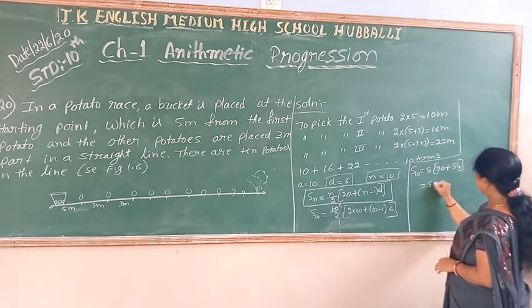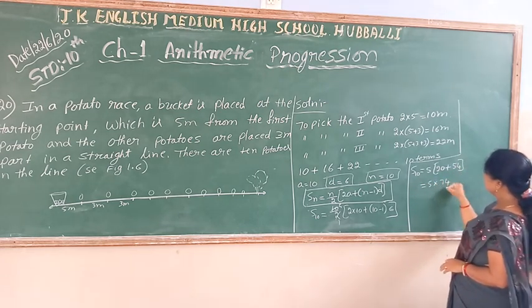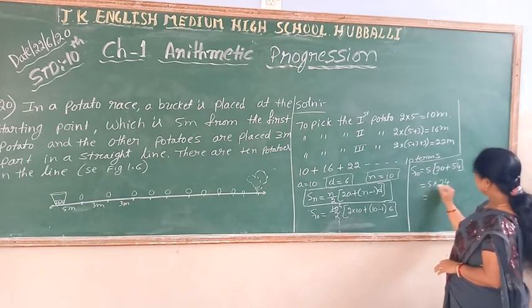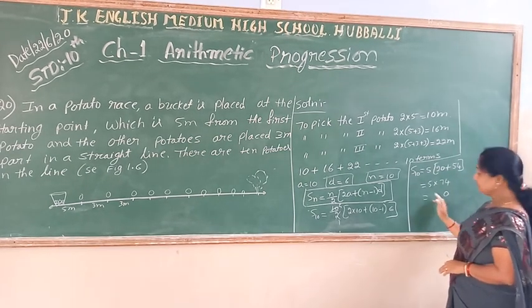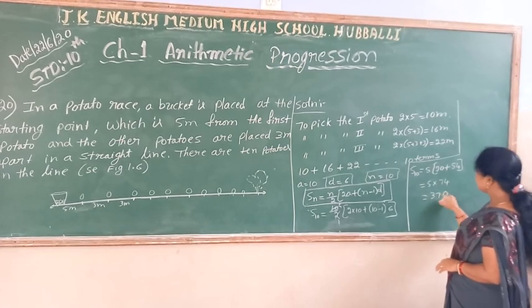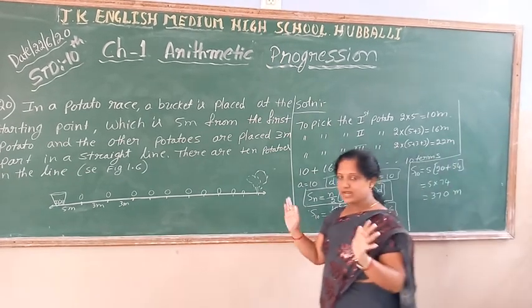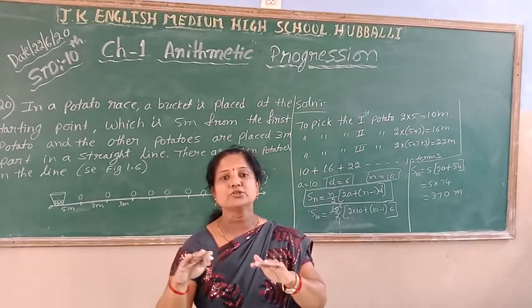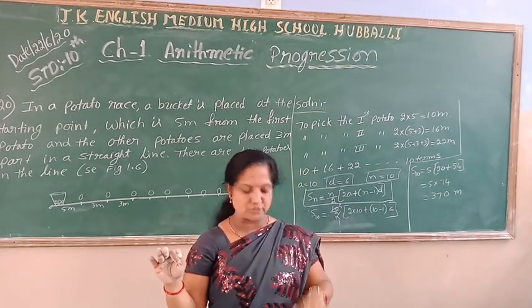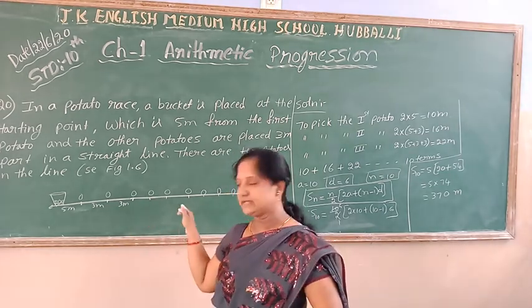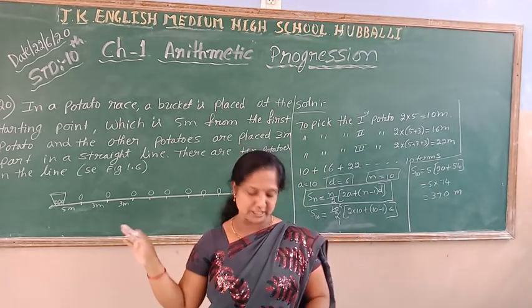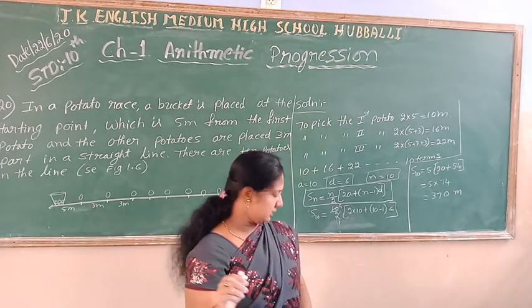So if I add 74, then multiply 5 times 74, it is 370 meters she has to run. She has to cover this distance to take all the 10 potatoes which are kept on the line, and put them in the bucket. Totally how much distance?